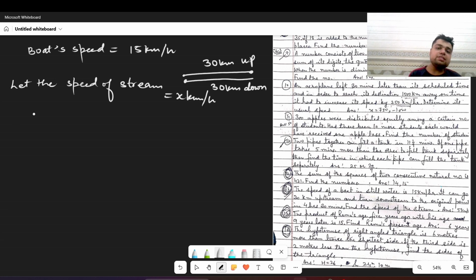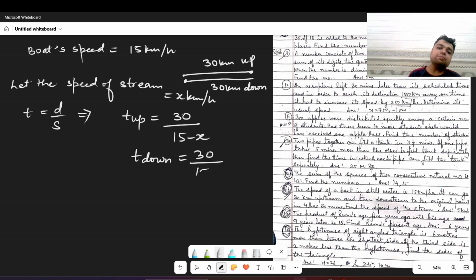So if we see carefully, it took 4 hours and 30 minutes. So time is equals to distance upon speed, right? So for time upstream, it will be what? It will be 30, total distance, divided by speed. In that case, upstream will be opposite, so 15 minus x, and time for downstream is equals to 30 upon 15 plus x.